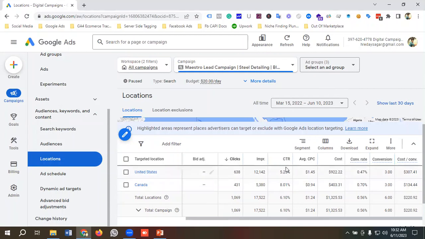So all the metrics are available here. On the basis of those metrics, you can either increase the bid adjustment or decrease it.